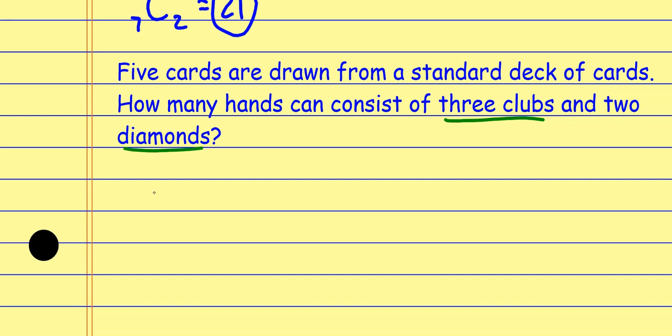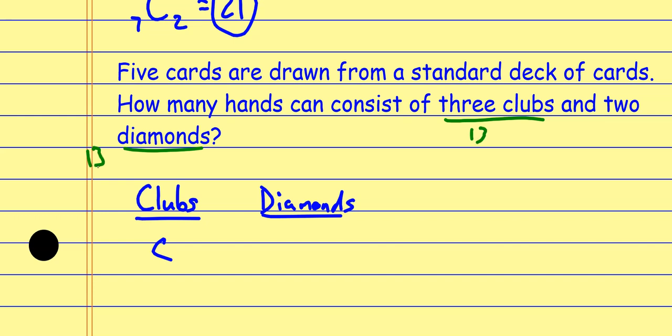I can get the cards in any order. What matters is which cards I have. So I have to do a separate combination for the clubs, and then I also have to do the diamonds. For the clubs, if you don't know this, there are 13 clubs in the deck, and there are 13 diamonds in the deck.